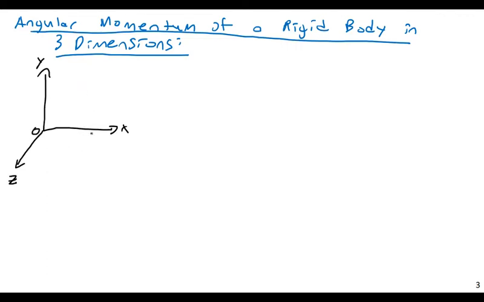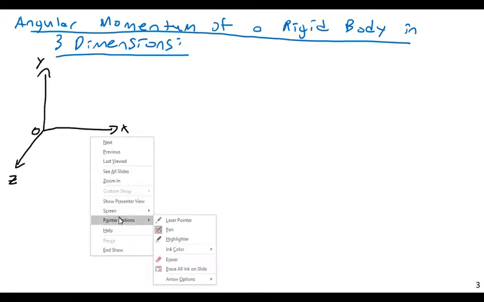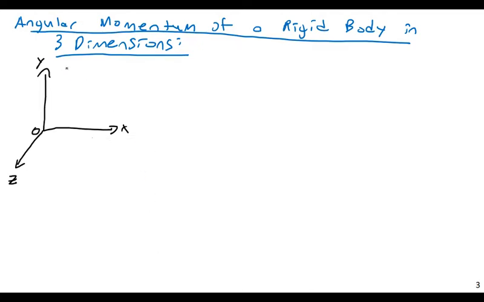Then I'll draw out my general object, a general potato object here, with the mass center here. Then let's say I have an X prime, a Y prime, and a Z prime axis, this one being the local coordinate system.